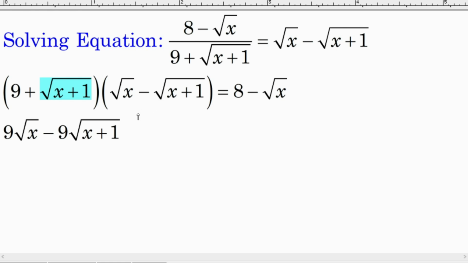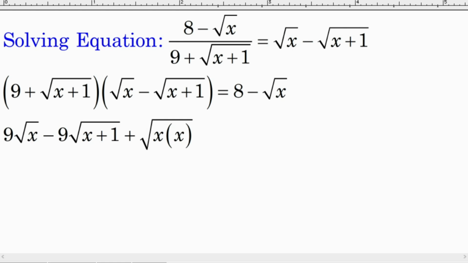So we have square root of x plus 1 times square root of x, so then we will get square root of x factor with x plus 1. And then minus, we have square root of x plus 1 multiplied with square root of x plus 1. Then we will get x plus 1 like this, equal to 8 minus square root of x.